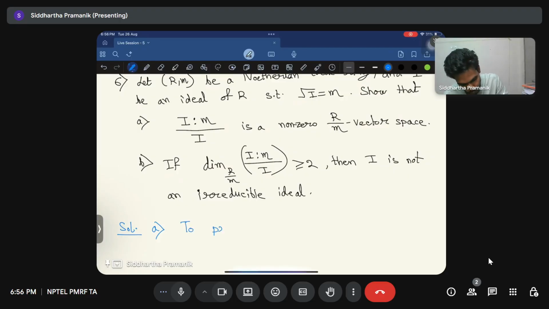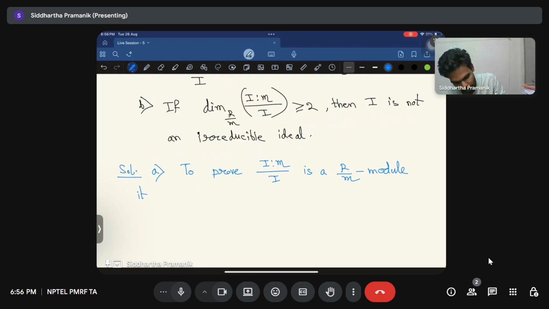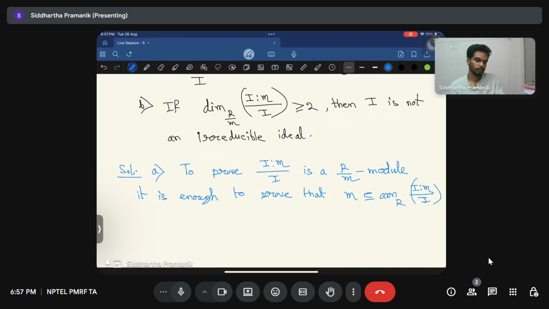So to prove I colon M modulo I is a R mod M module, it is enough to prove that M is a subset of the annihilator of this module over R. That is, if this ideal annihilates this module, then this module has to be a module over the quotient.